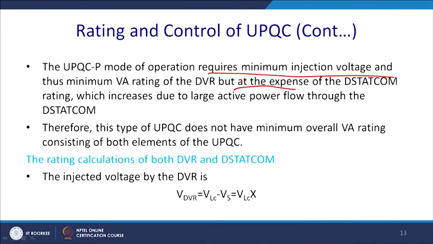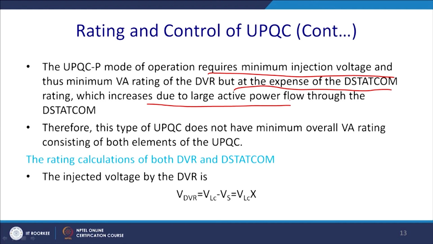The UPQC P mode of operation requires minimum injection voltage and thus minimum VA rating of the DVR, but at the expense of the D STATCOM rating, which increases due to the large active power flow through the D STATCOM.